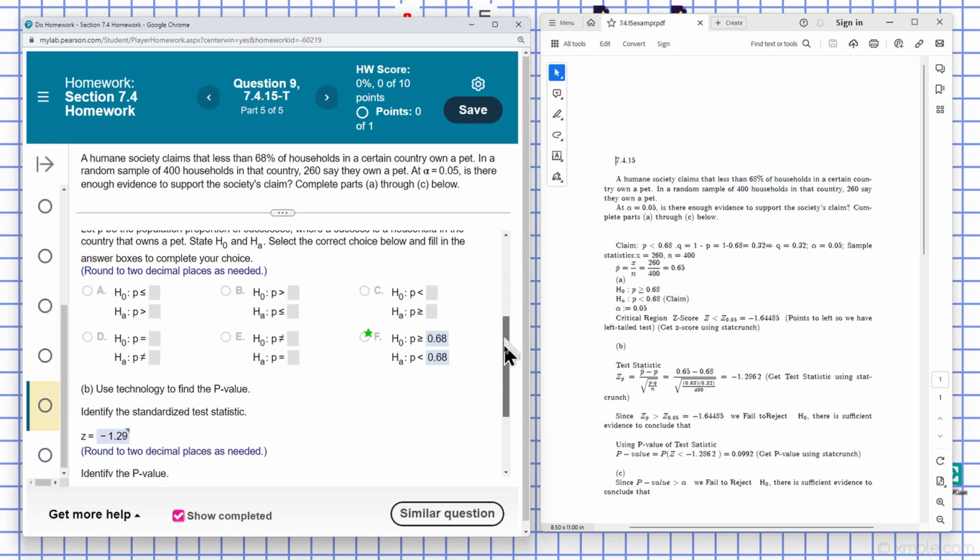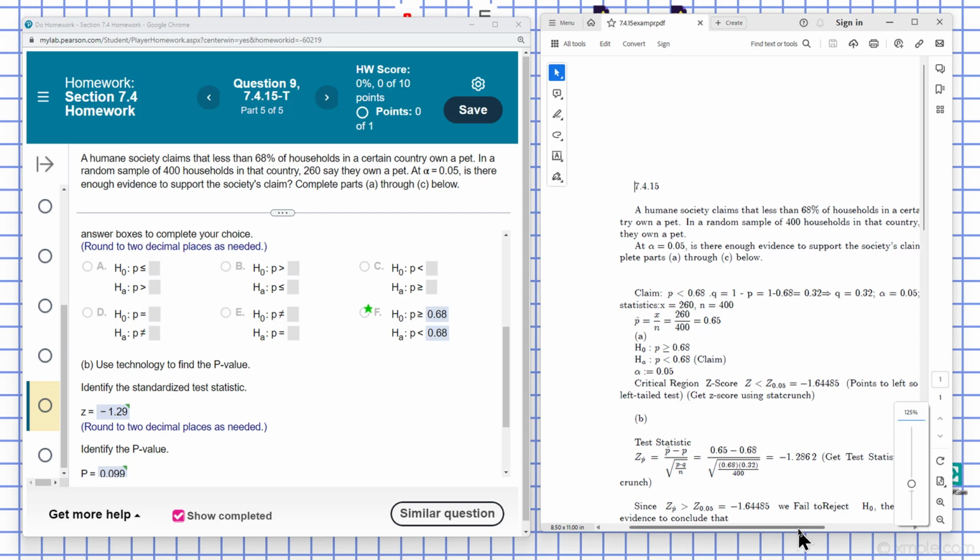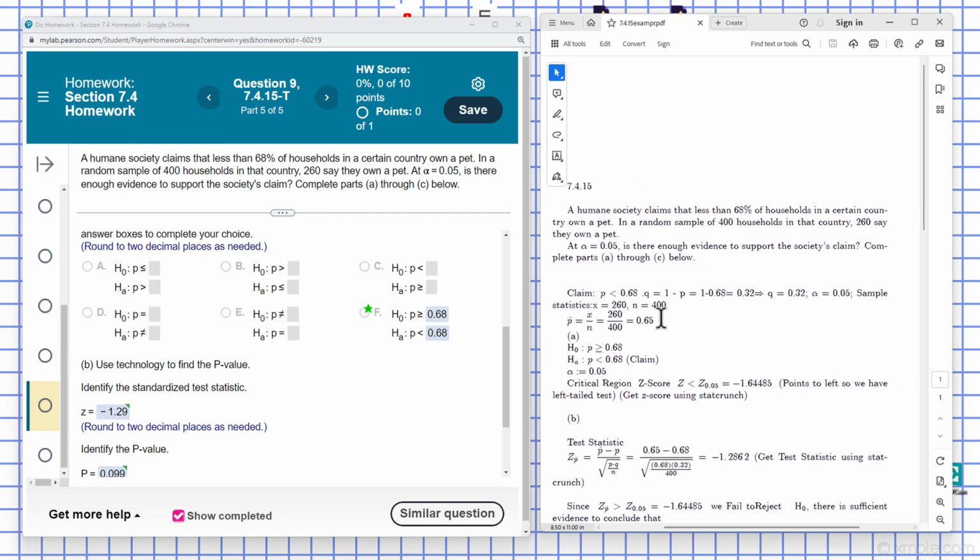Then we go ahead and find the test statistic here. What I have up here is information you might need. Here I have your p and I have your q. So I have my p, and I have to find the q. I have my p-hat, and 1 minus p gives me the q.